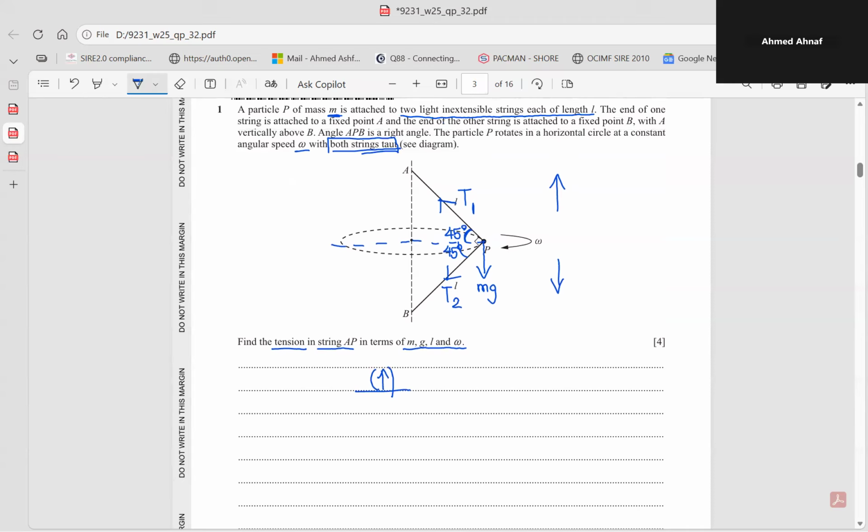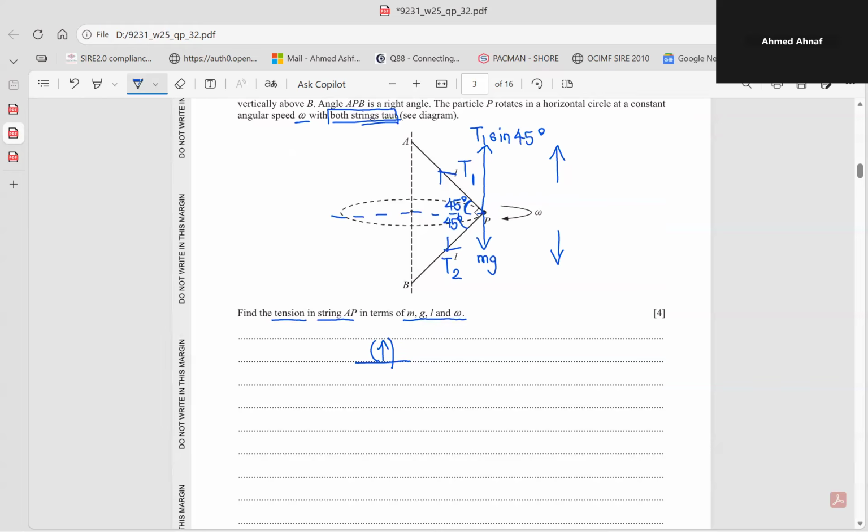So far we have the weight as the only purely vertical force, as well as the vertical components of both tensions. T1 is going to be T1 sine 45 upwards, and T2 is going to be T2 sine 45 downwards.